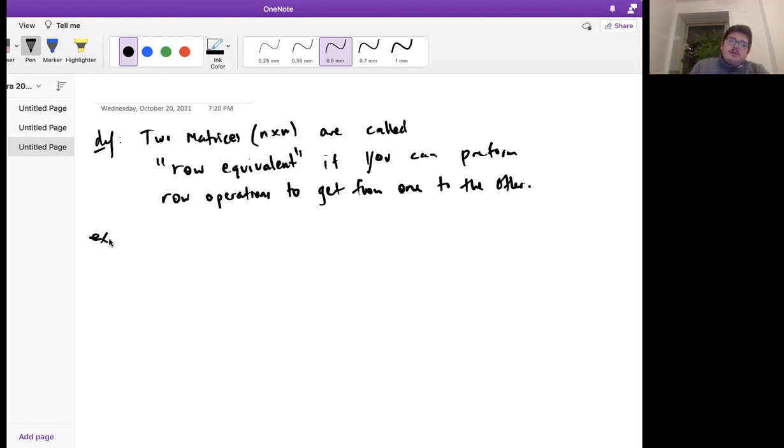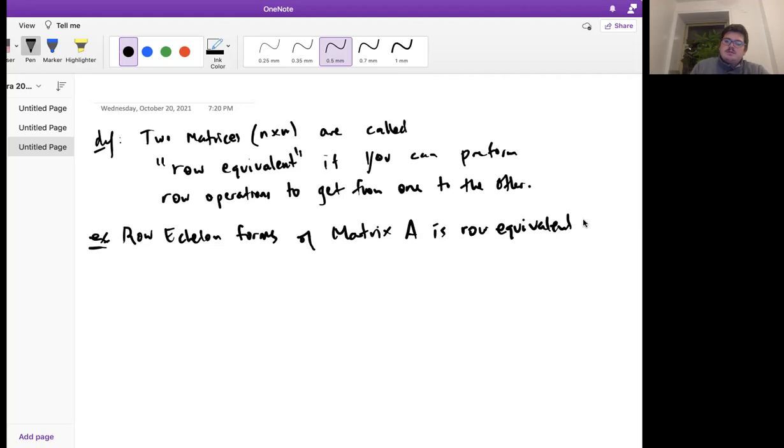For example, the row echelon form of the matrix A is row equivalent to A.